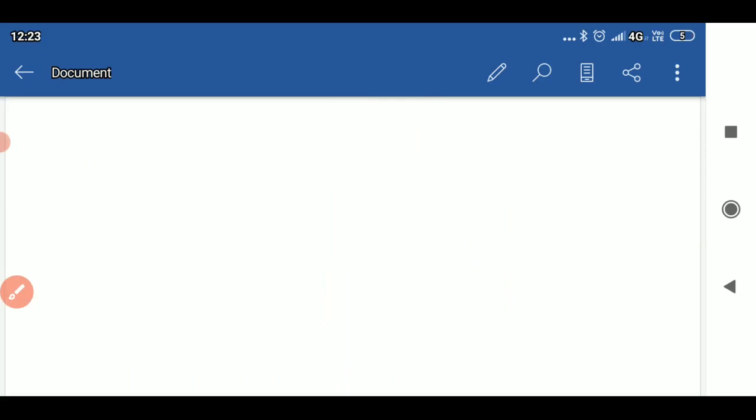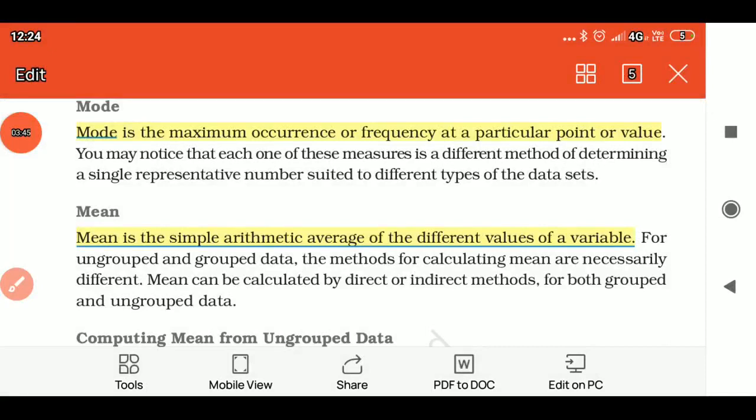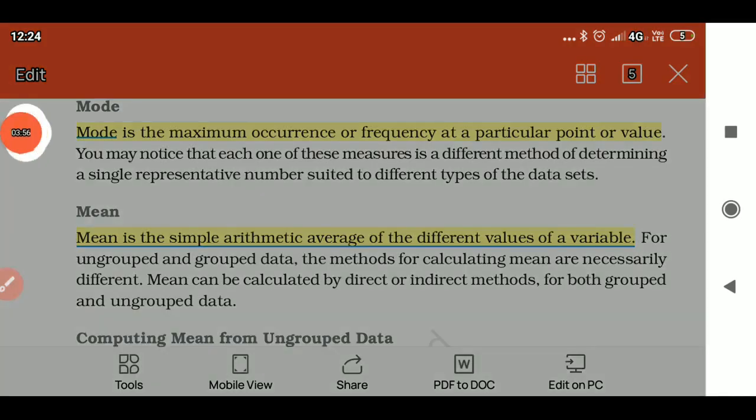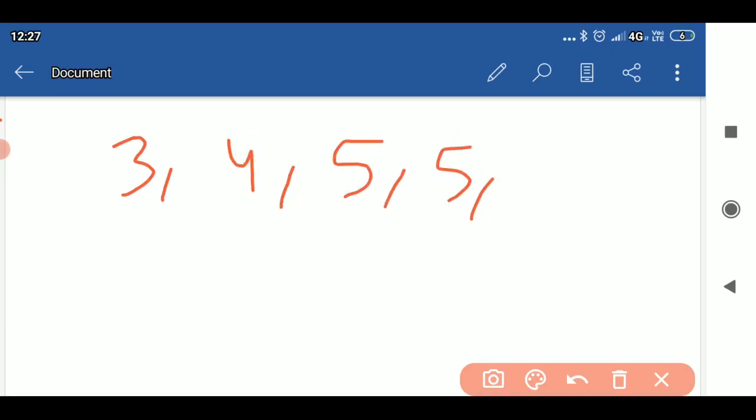Now let's take an example of mode. What is the mode? Mode is the maximum occurrence of frequency at a particular point or value. Let's take an example. Suppose we have the data 3, 4, 5, 5, 6, 3, 3.